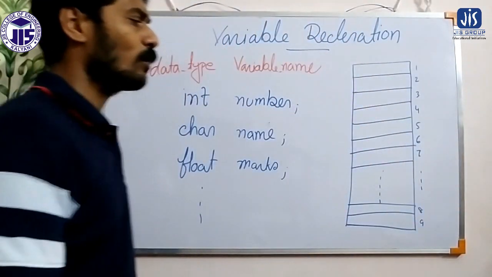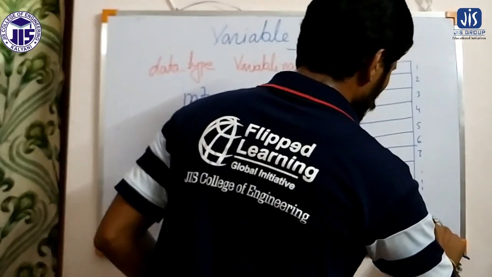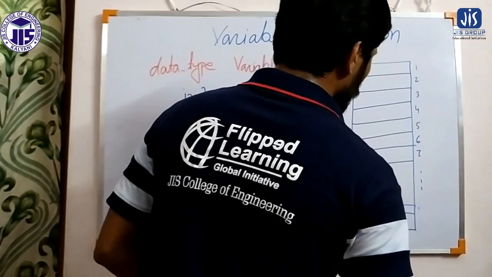So for example, in that way, locations are there. Location number 1, 2, 3, 4, 5, 6, 7, 8. In that way, a total of n number of locations are there.